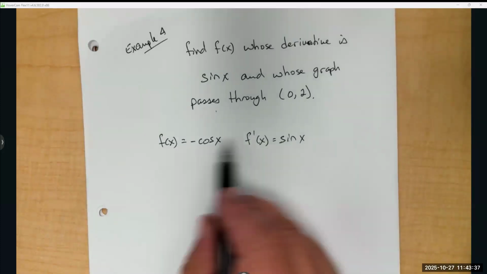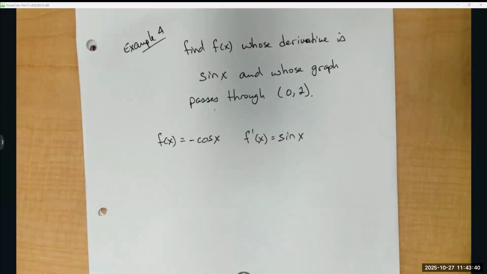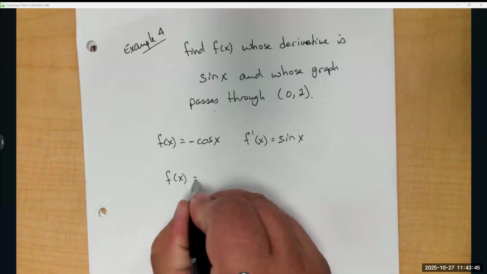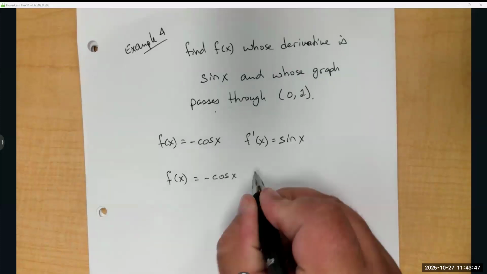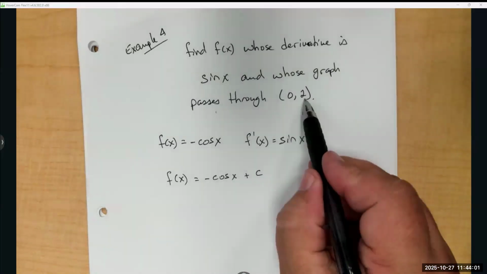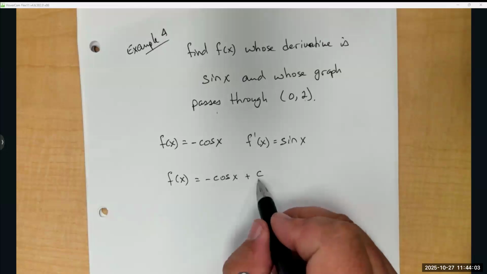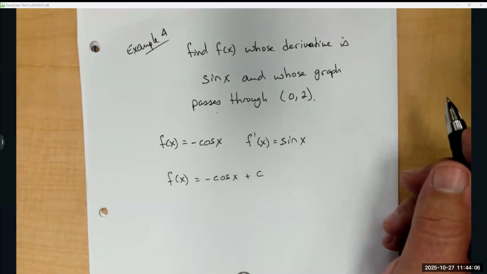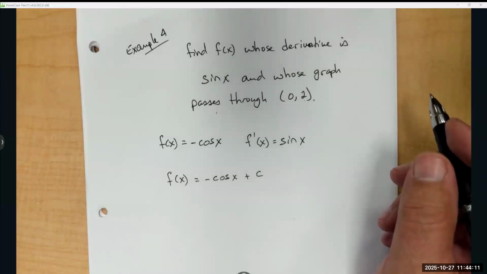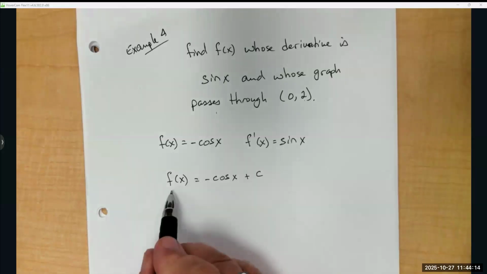Because remember, in order for these functions to be equal, the function has to have a constant. And it has to go through (0, 2). So what is the value of C? Do you know what f(x) is?